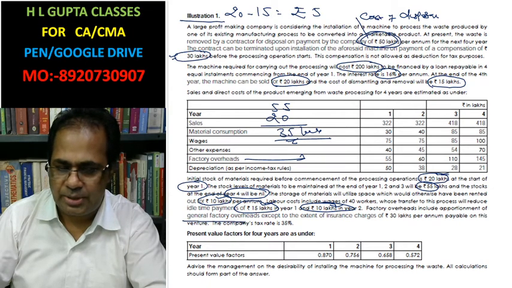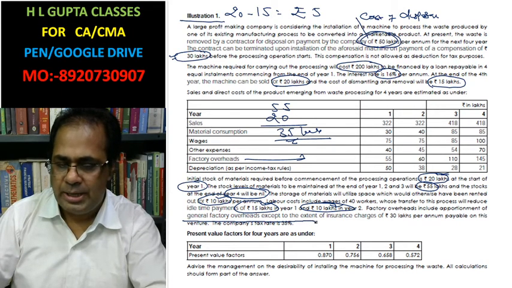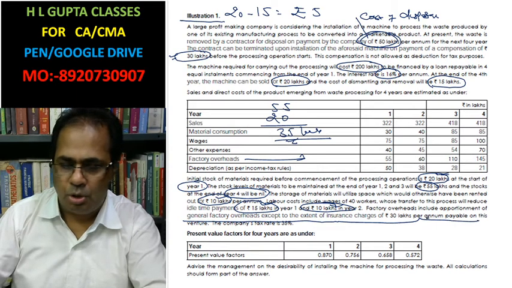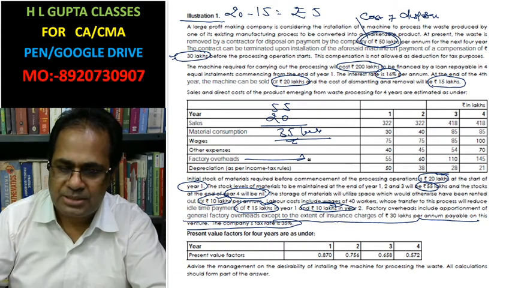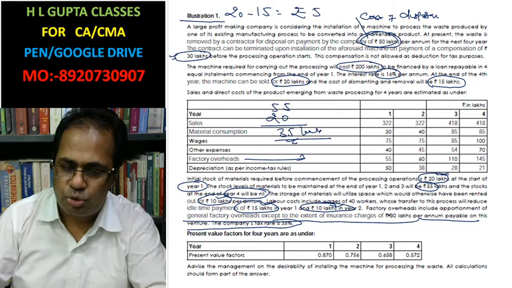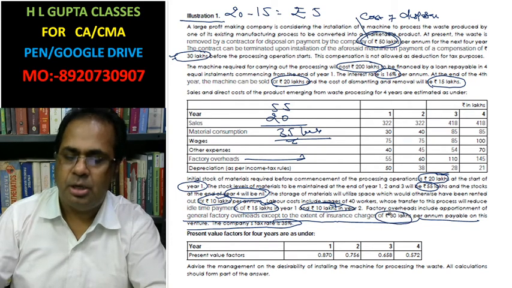Apportionment of general factory overhead, except to the extent of insurance charges of rupees 30 lakh per annum payable on the venture. The tax rate is 35%. It means that in place of the factory overhead you have to charge only 30 lakh, because allocation of factory overhead is not considered as part of the decision making tools in capital budgeting. But in this case you will have to pay insurance charges, and the factory overhead includes insurance charges here. Out of the whole factory overhead you only take insurance charges, because allocations of factory overhead are removed.